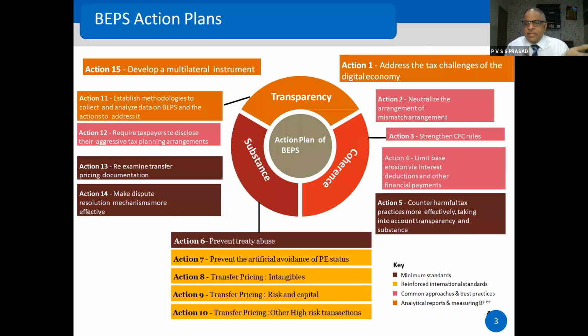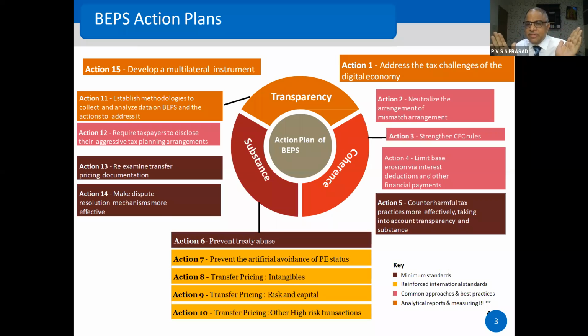On the one side, they're trying to arrest treaty abuse, which is a minimum standard. In the same breath, they're talking about how you protect taxpayers' rights and interests when there is a genuine grievance, how you address such grievance and resolve the disputes. So these two are the minimum standards, and the other standards are not mandatory.